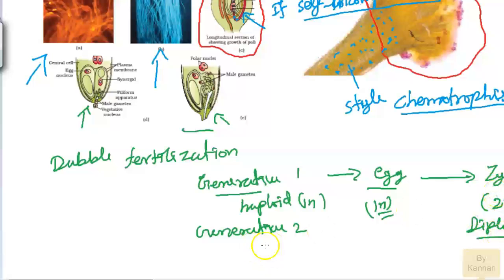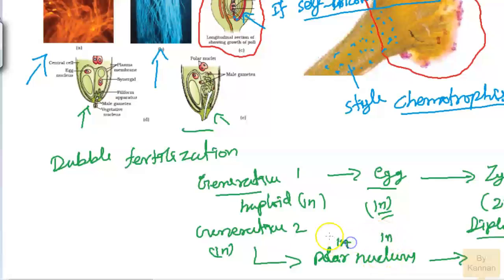The next process is generative cell 2. The other generative cell is going to reach the polar nucleus cell, which is in the center of the embryo sac. After it gets fertilized with the polar nucleus, the generative cell is haploid 1n, but the polar nucleus is a single cell with a double nucleus.